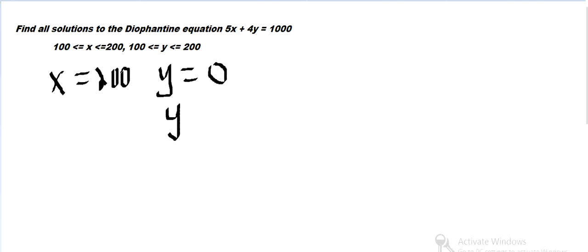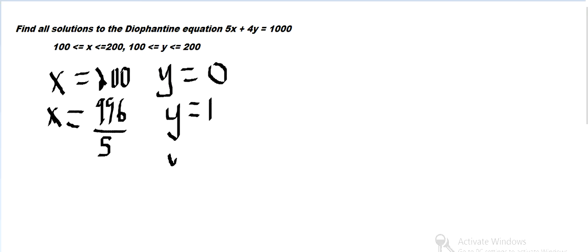Could y equal 1? If y is 1, we plug in and solve, x is 996 over 5. So using algebra, y equals 1, we get 5x plus 4 is 1000, so 5x is 996, x is 996 over 5.